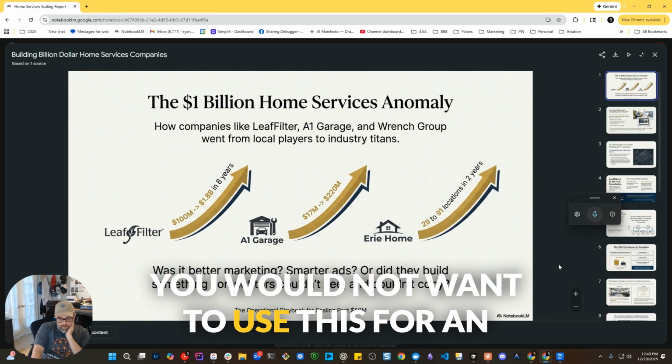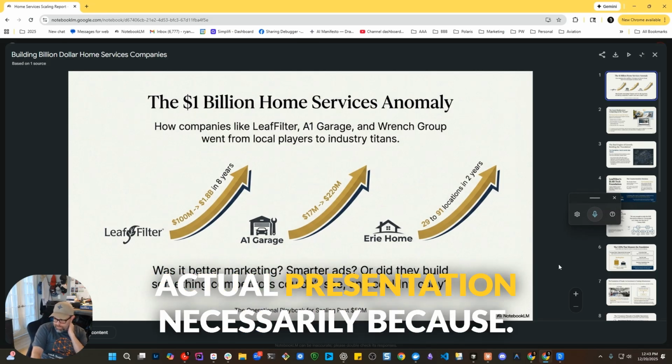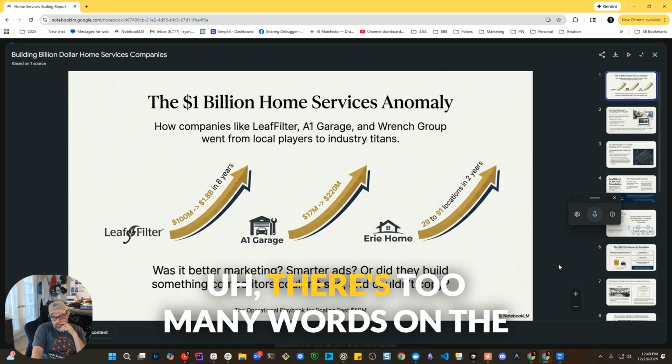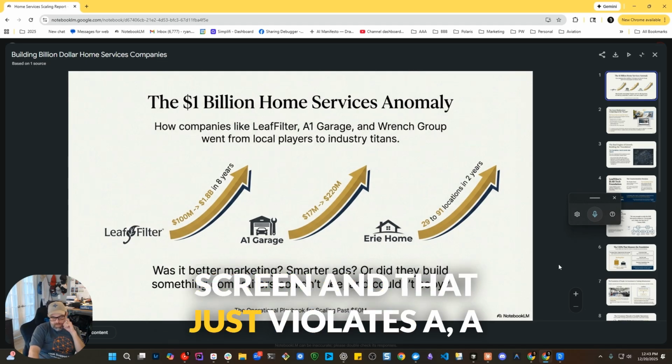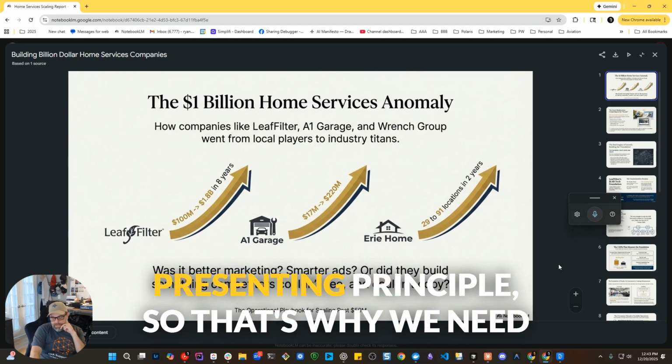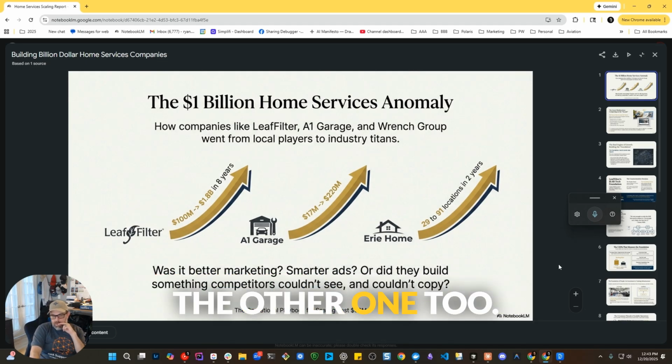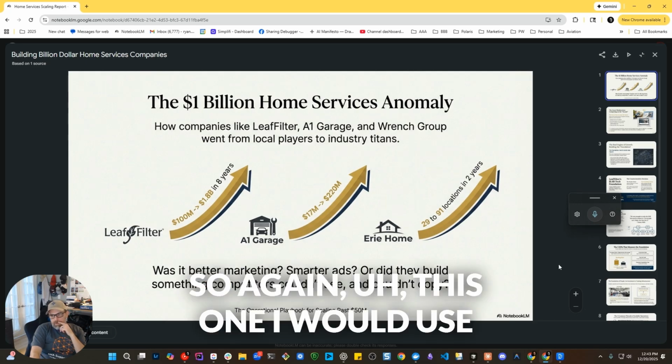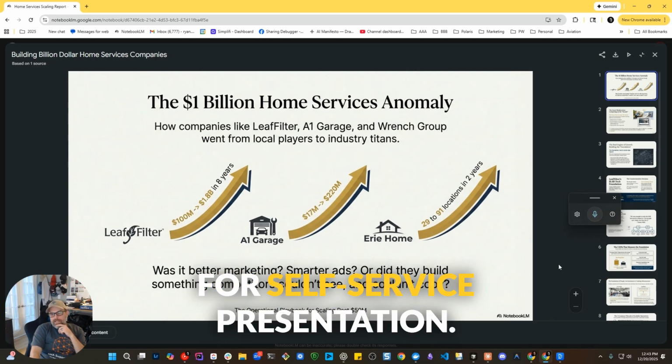You would not want to use this for an actual presentation necessarily, because there's too many words on the screen, and that just violates a presenting principle. So that's why we need the other one too. So again, this one I would use for self-service presentation.